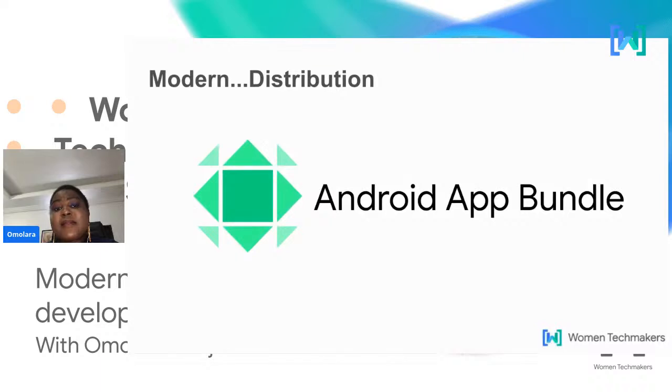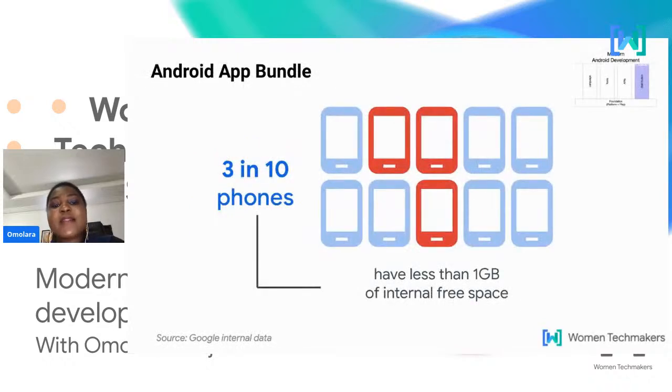This particular format is very, very dear to my heart, because I saw the immediate changes when we started adopting Android App Bundles in our application. So let me do a deep dive of what this is about. But for a fact, we see that 3 in 10 phones have less than 1 gig of memory on their devices.